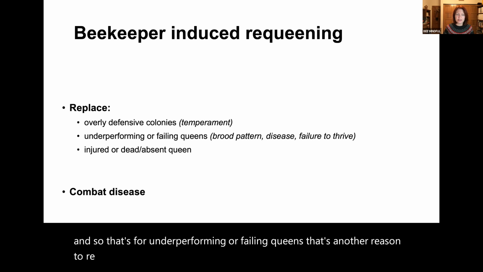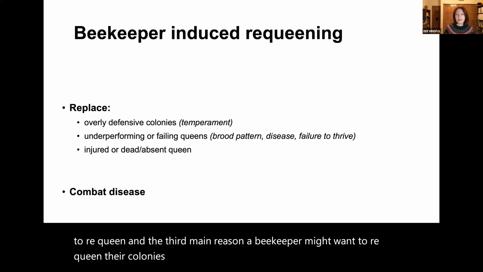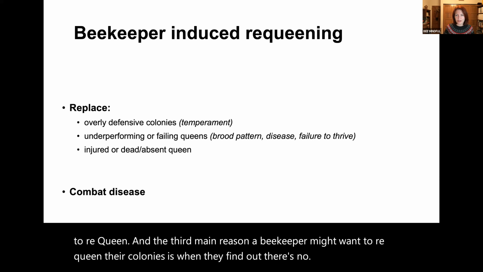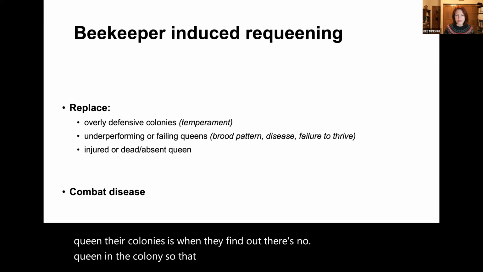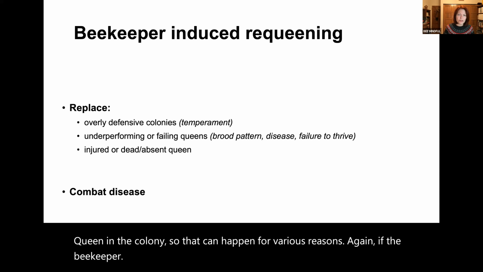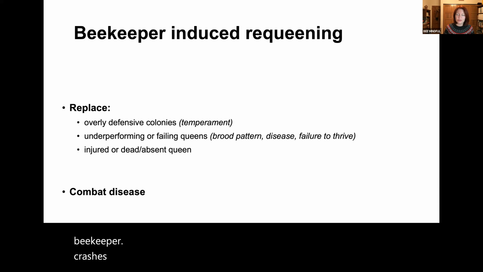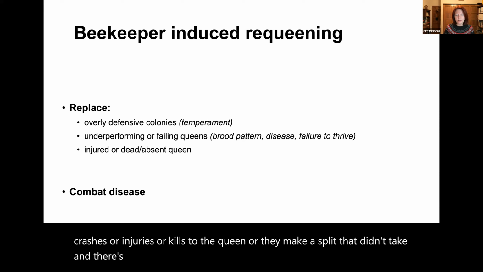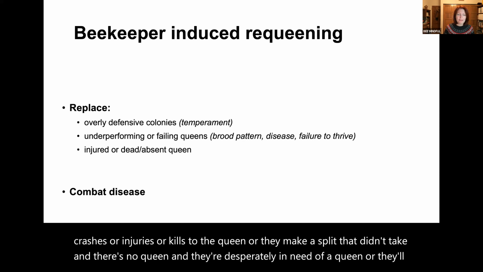And the third main reason a beekeeper might want to requeen their colonies is when they find out there's no queen in the colony. That can happen for various reasons. Again, if the beekeeper crushes or injures or kills the queen, or they make a split that didn't take and there's no queen, and they're desperately in need of a queen, or they'll perish.